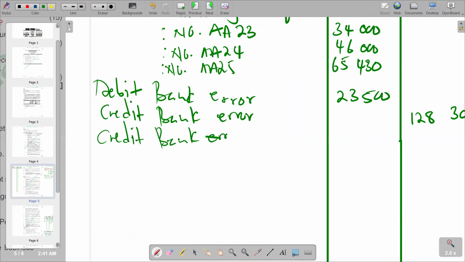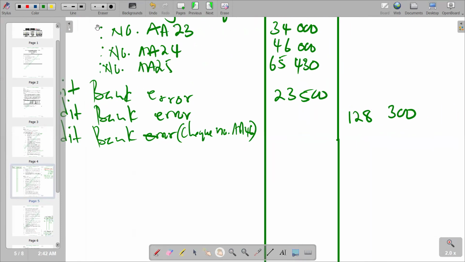Credit bank error, and in brackets is check number A464. And we put the amount of 17,930. And then we go and check the next item.